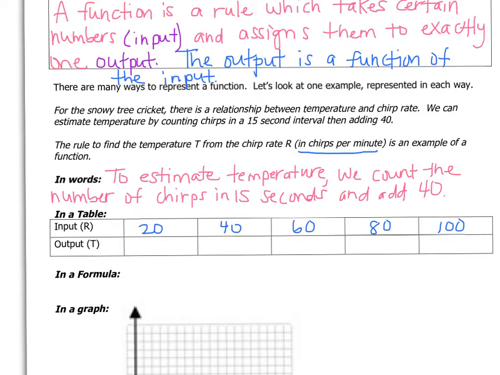So let's think about going to our function in words. So to estimate our output temperature, we count the number of chirps in 15 seconds. So here's where we really need to make the connection between what we have in words and then what we have in our table. Remember that this is chirps per minute.